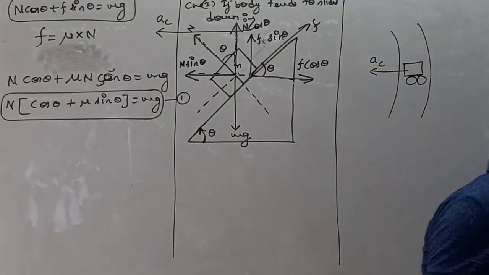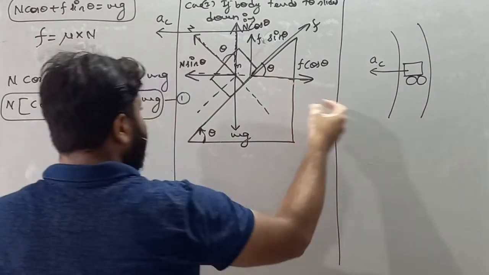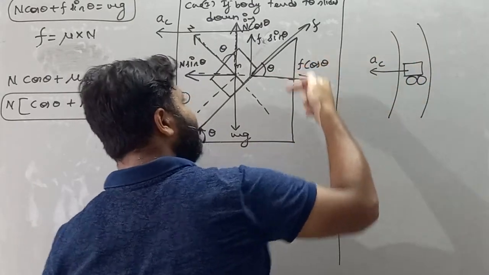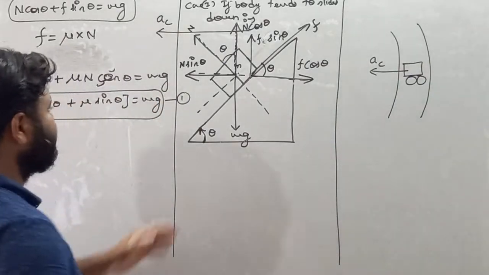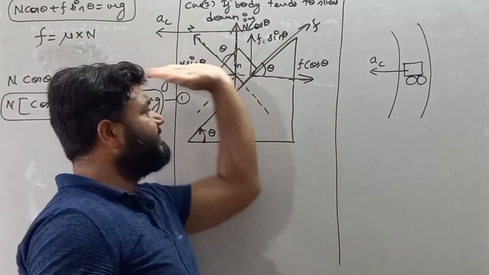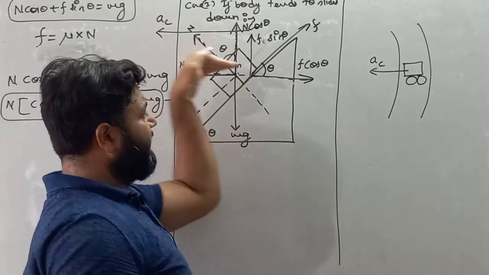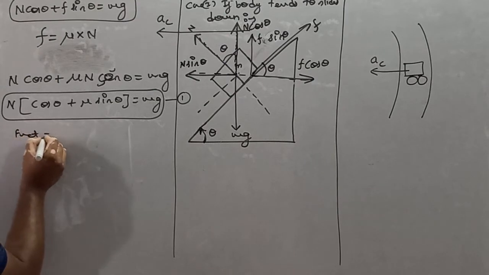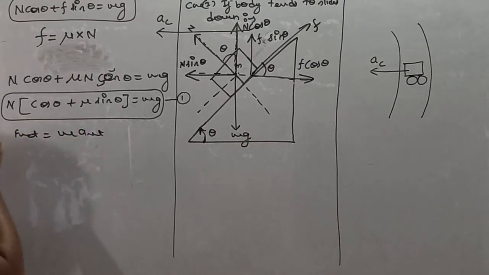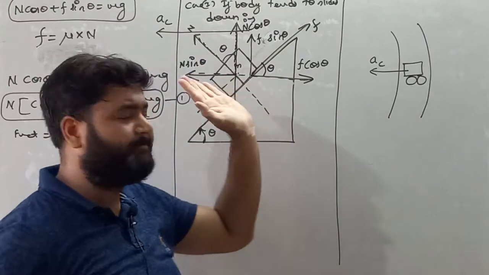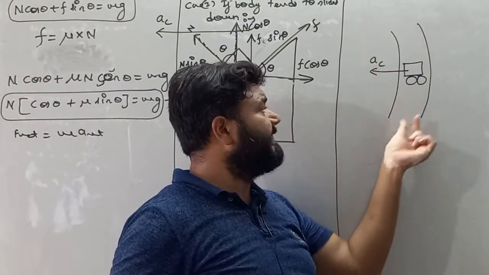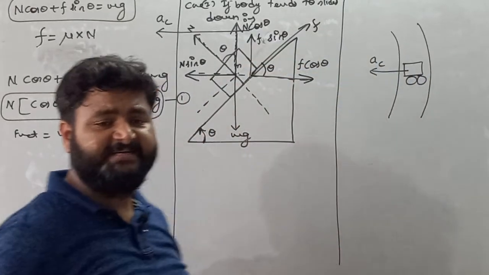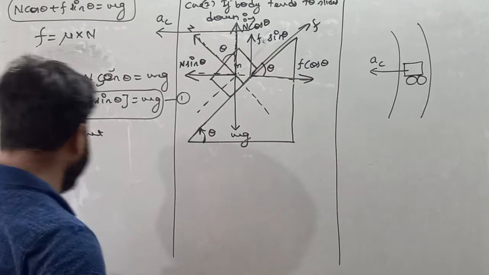Now my dear student, moving forward, check it out. The vehicle is turning like this, so one acceleration is acting towards the center. In this direction one force is there, that is N sin theta, and the other force is in this direction, so we'll apply F net equals m a net, because in this direction motion is taking place as the vehicle is taking a turn. If the vehicle is taking a turn, then there must be acceleration towards the center, called centripetal acceleration.